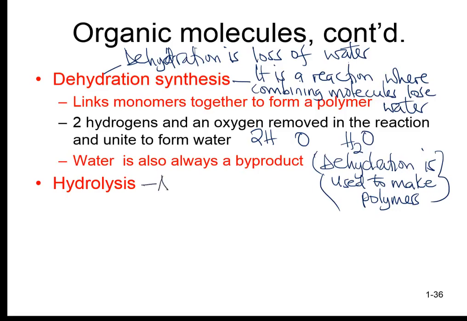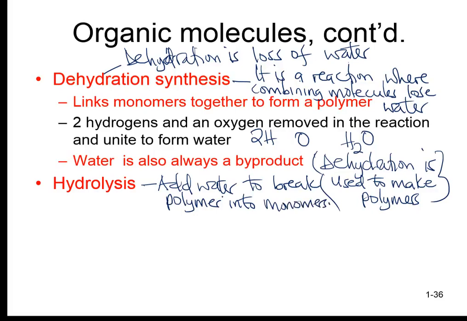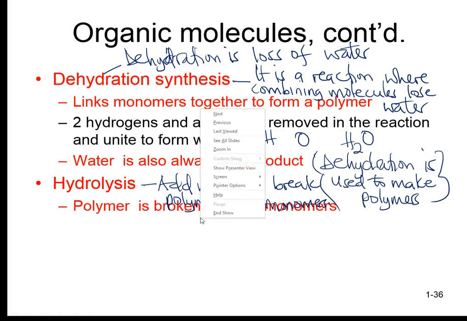So in here you add water to break a polymer into monomers. That's what you do. So in this case, a polymer is broken down to monomers. Make sure to write that down.